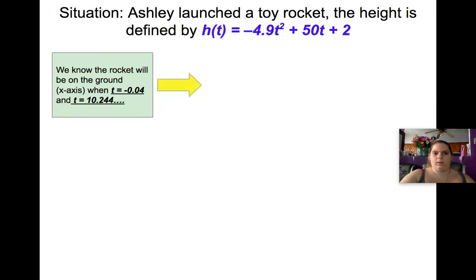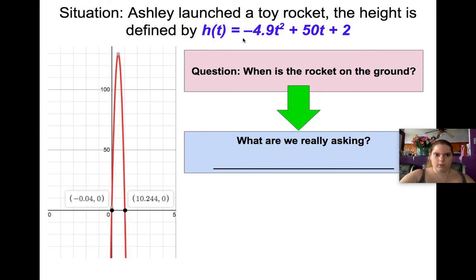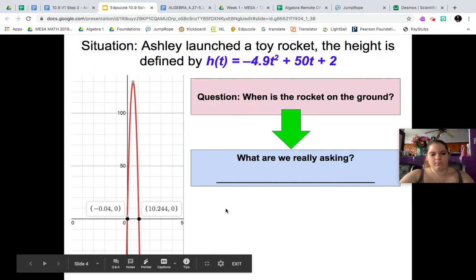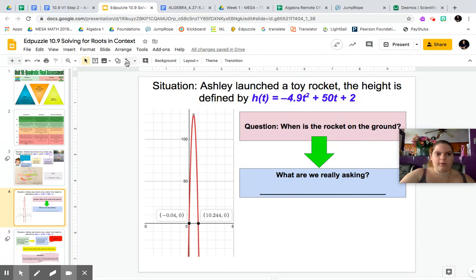All right, here we are. The question is, when is the rocket on the ground? But we actually have to talk about where is the ground. In this situation, since we're talking about a rocket going up and coming down, the x-axis in this case, let me see if I can get a line here on this x-axis for you guys.